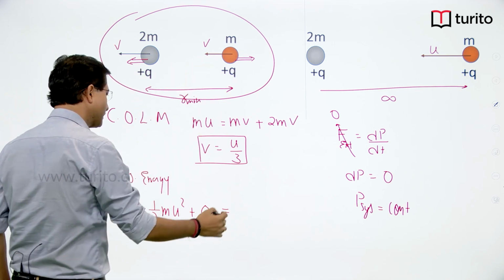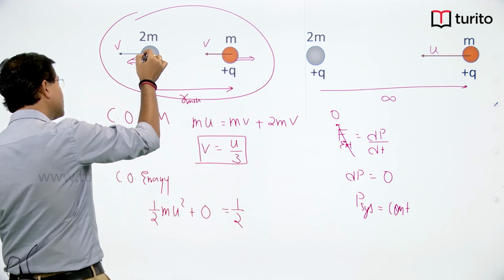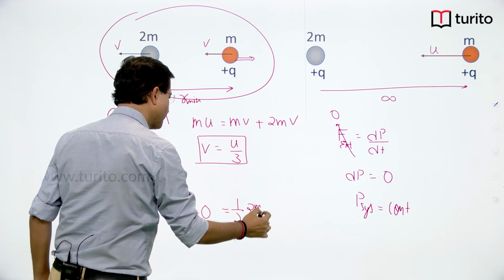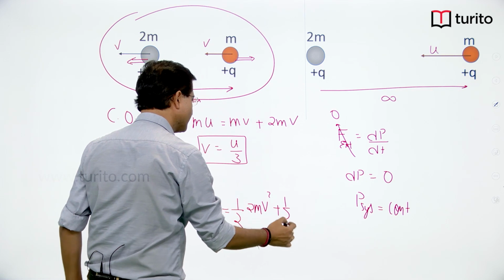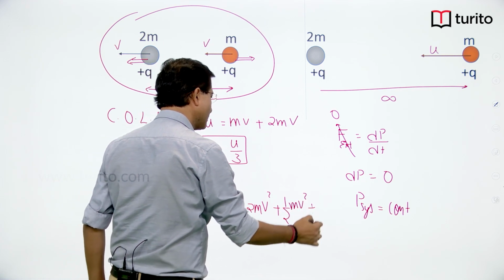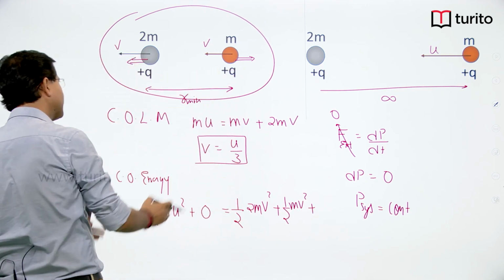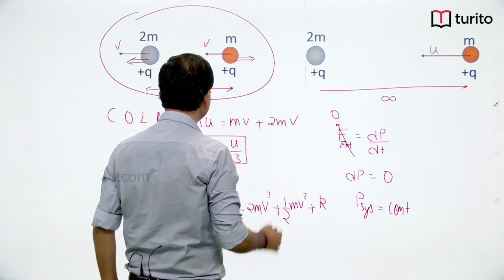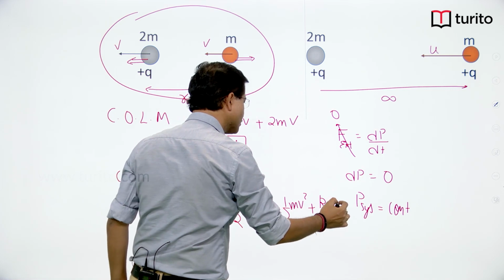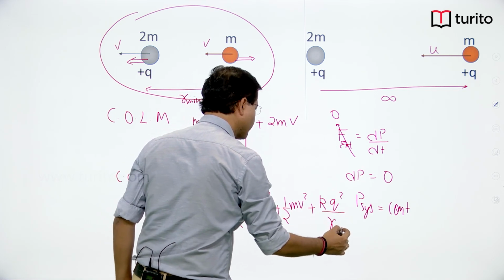Now, both the particles are moving, half this 2m is moving with v, this m is also moving with v, plus they have got some finite separation, k q square divided by r min.